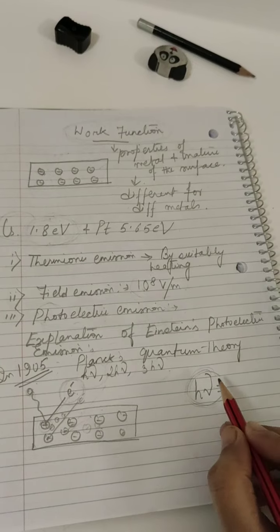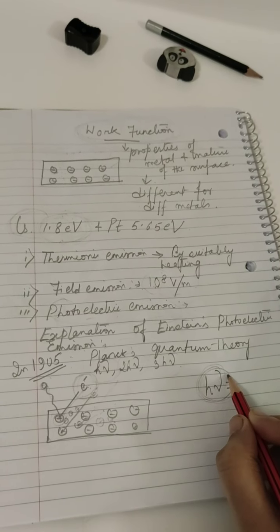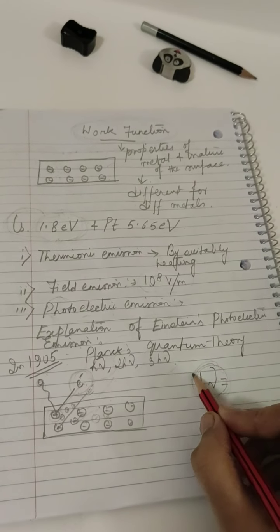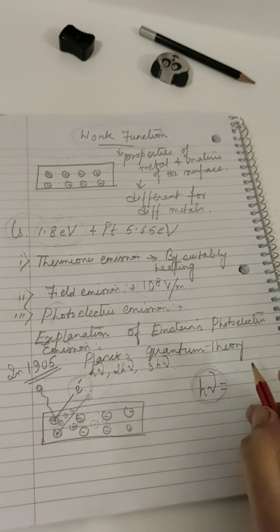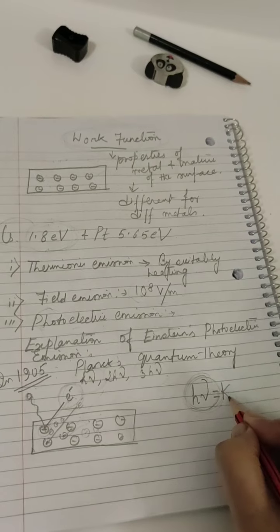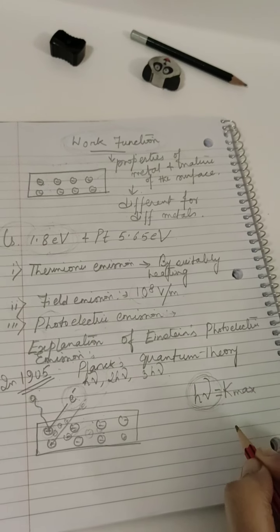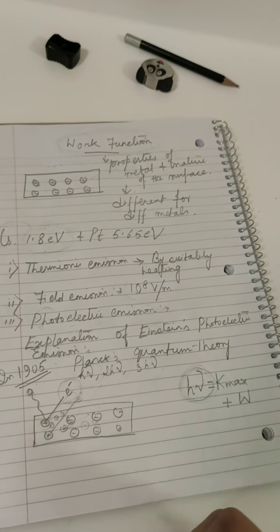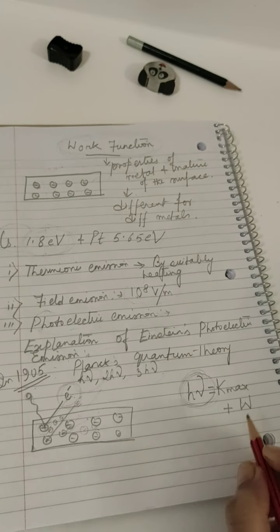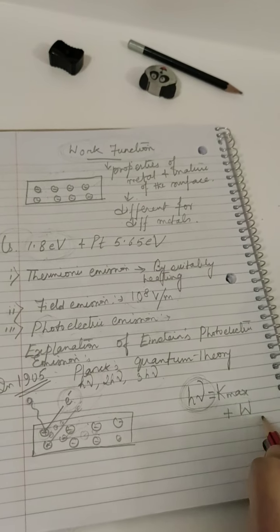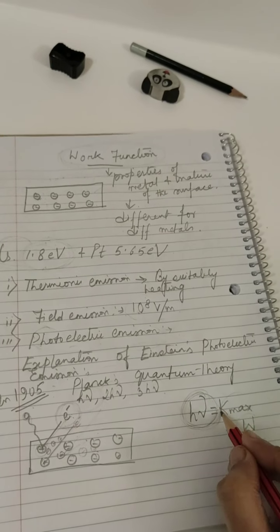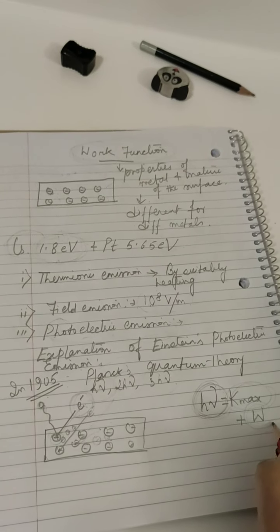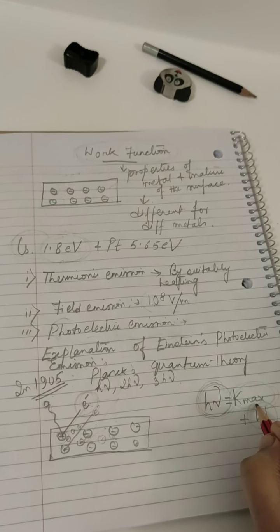Okay, so Einstein gave the equation for the electrons which are on the surface of the metal: the energy of the photon is used up in giving maximum kinetic energy to the electrons plus in ejecting the electrons from the surface of the metal. So h nu is used up in providing maximum kinetic energy to the electrons and in ejecting the electron from the surface of the metal.